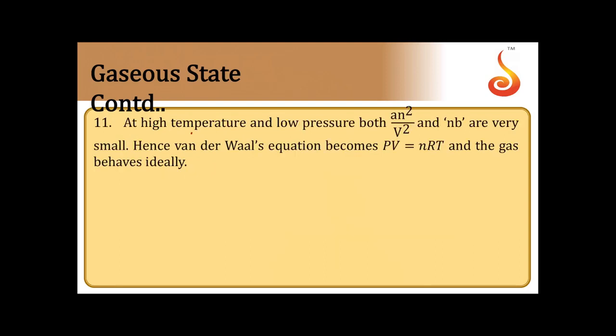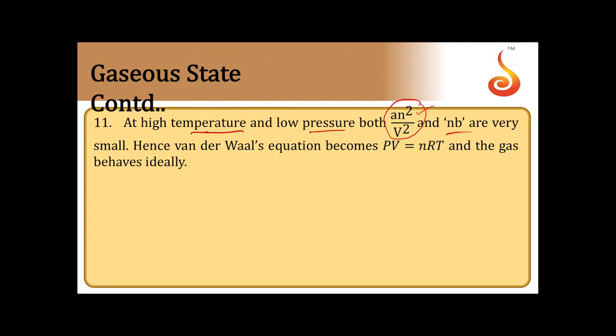Then at very high temperature and low pressure, an²/V² and nb are small. At high temperature, whenever we have larger intermolecular spaces, the attractive forces will be very much less, and an²/V² signifies only force of attractions. When there are very few attractive forces, the gases start behaving ideally. And even larger volume means the volume of the molecules is going to be negligible because of the larger volume of the gas.